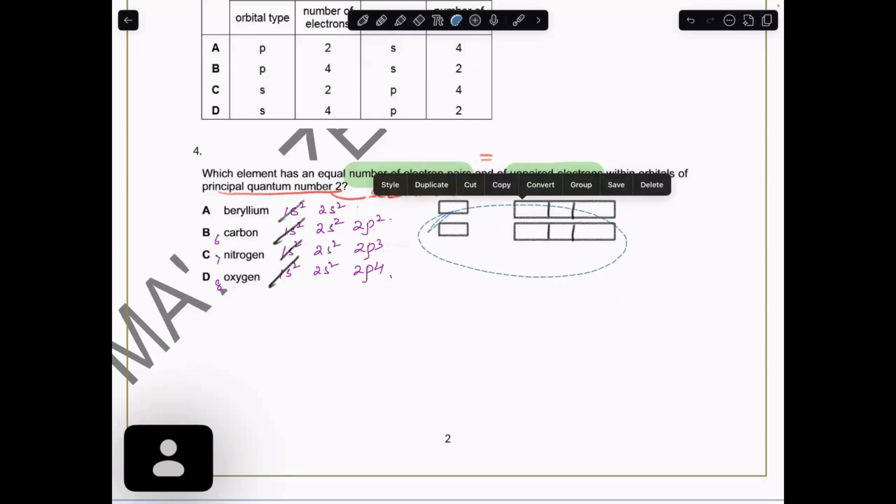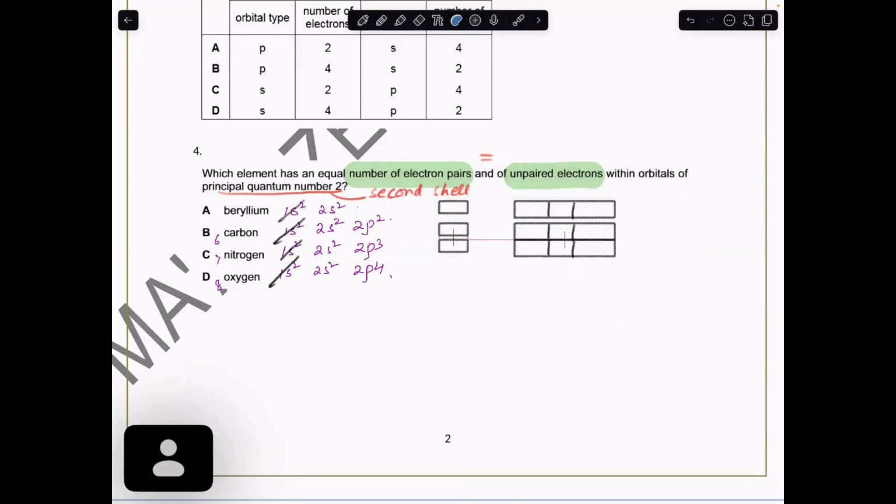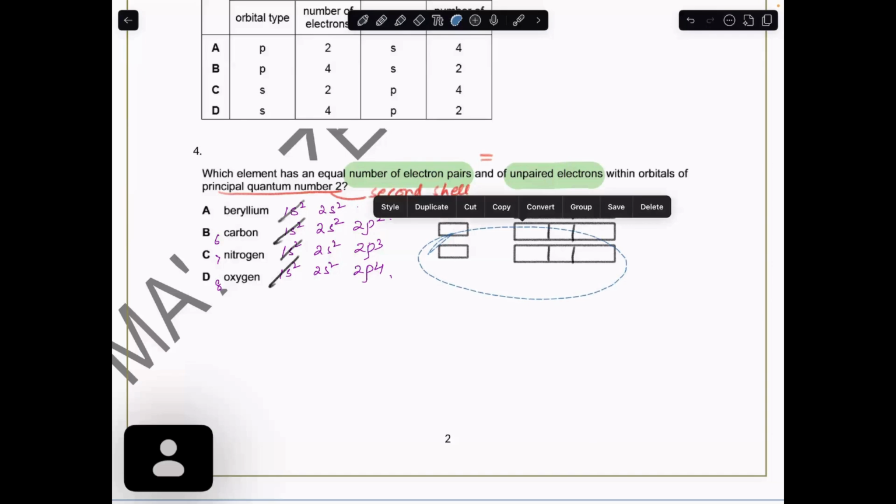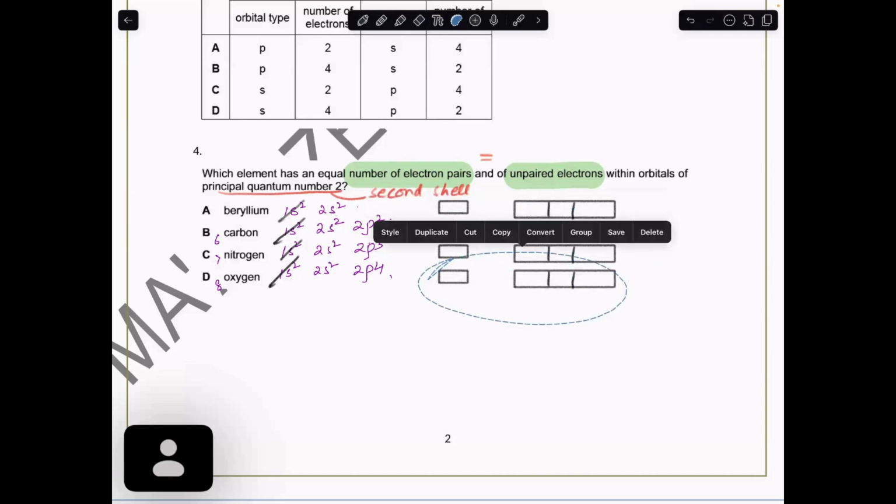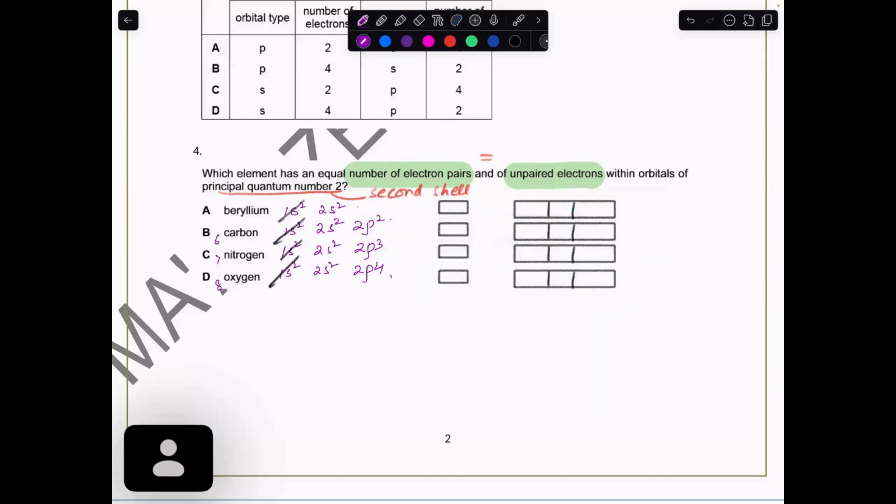Now for beryllium, for carbon, for nitrogen, and now I'm doing this for oxygen. See, in the second shell: beryllium has one pair, no unpaired electrons. Carbon has one pair, two unpaired. Nitrogen has one pair, three unpaired.